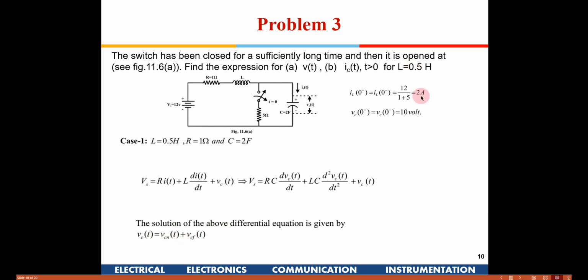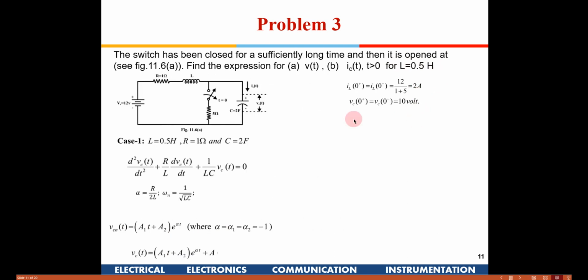So this we found out initially itself, 2 amperes current and 10 volts. Now in the first case, this is the differential equation which we know for an RLC circuit, right? So we need to find out alpha and omega n. Alpha is R divided by 2L.